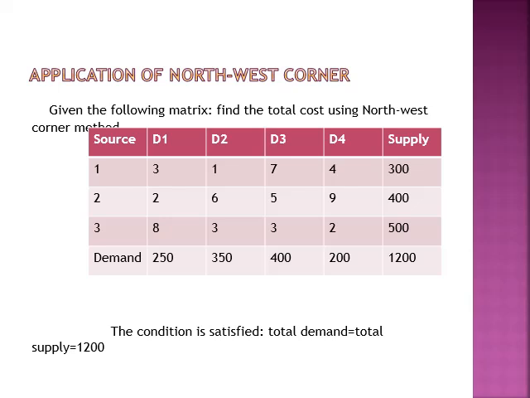The first cost under the column of D1 we will skip because D1 has got its demand. So we will move to the next cell where cost equals $6.